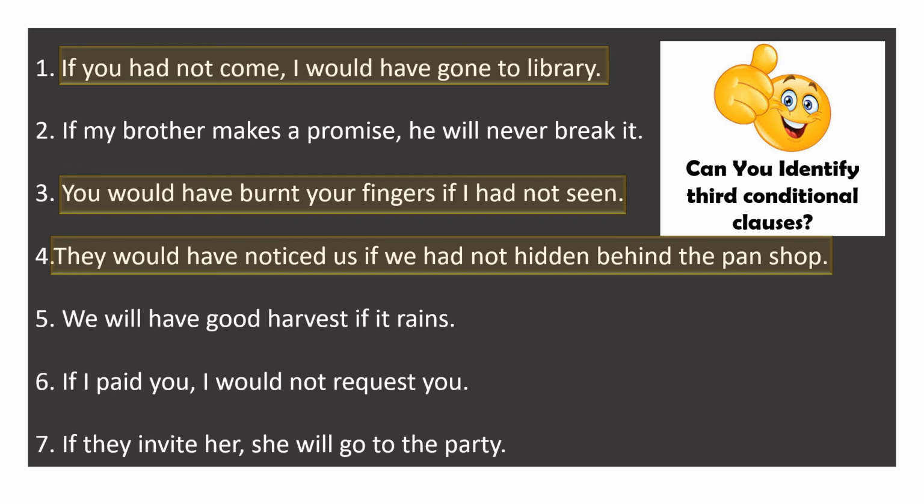If the condition is not satisfied, we won't get the result. In second conditional sentences, we talk about impossible or imaginary actions. They are not going to take place at all. They never happen. They are just imaginary actions. And the third conditional is all about past situations where conditions were not satisfied and results were not obtained.